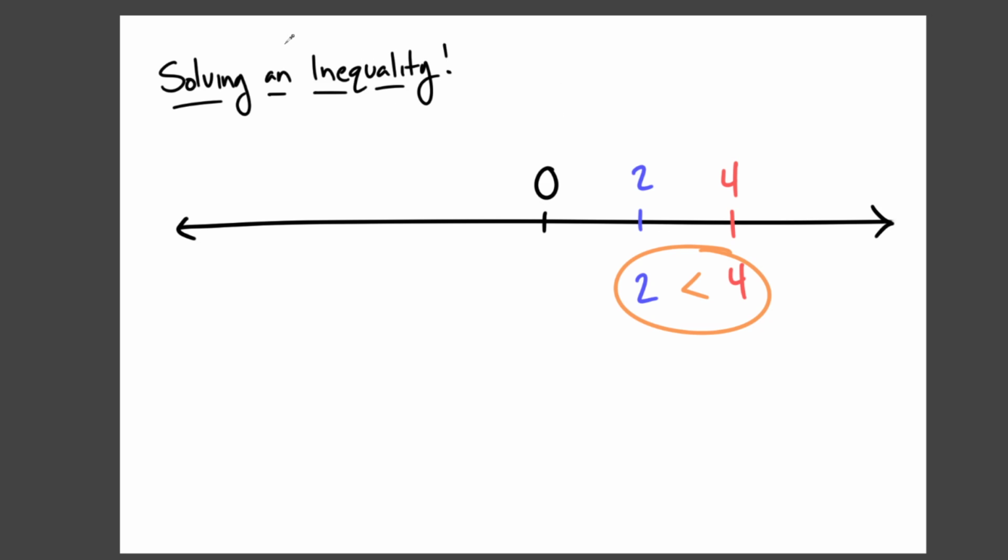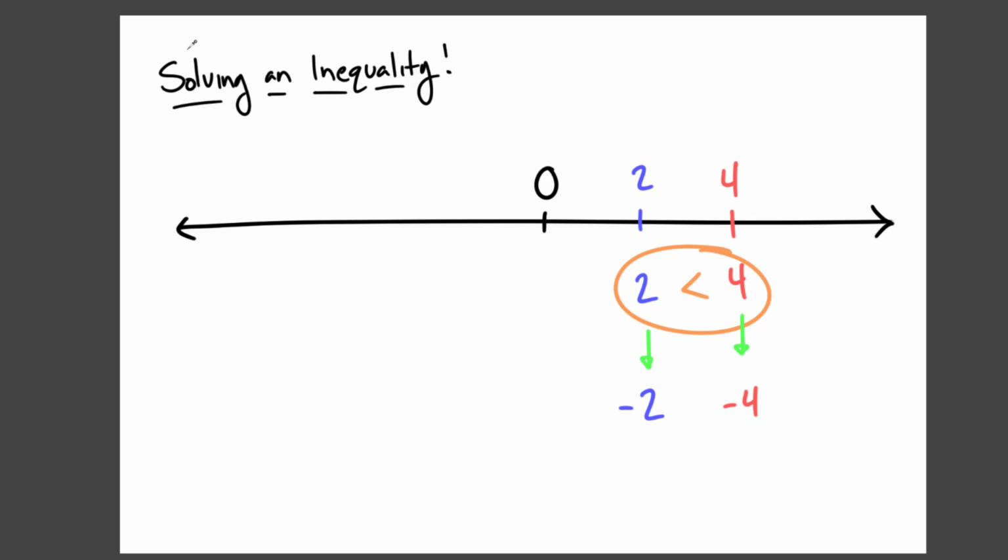When you multiply something by a negative number, so let's say I'm going to multiply this one by negative 1 and this one by negative 1. Cool? So I'm going to multiply both of those numbers by negative 1. That would turn this into a negative 2, and it would turn this into a negative 4. So I'm multiplying both of them by a negative number, okay?